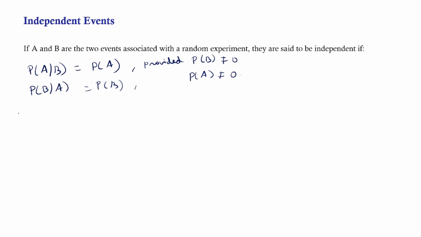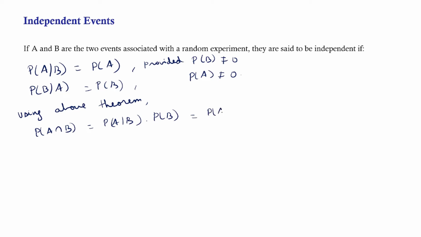Now using the multiplication theorem, probability of A intersection B is given by probability of A given B into probability of B. Now this is equal to probability of A into probability of B. This probability of A intersection B can also be written as probability of AB.